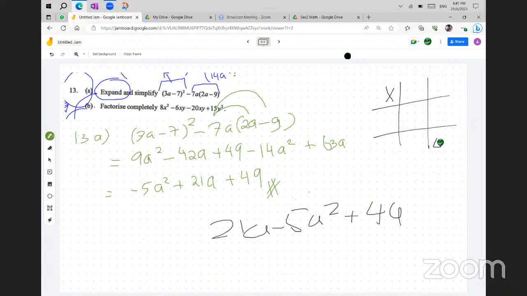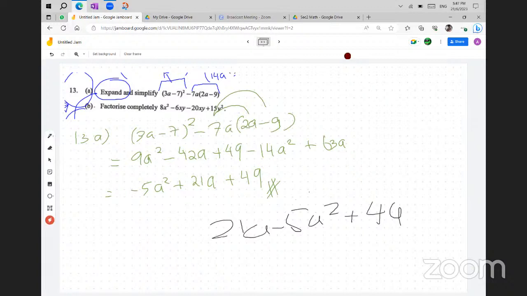Now you're trying to do the cross method, right? Yeah. I have no problem with the cross method. In fact, I want to know how good you are. However, in this position, you don't need the cross method. It's not a wrong thing to do, but you don't need it because he says expand.